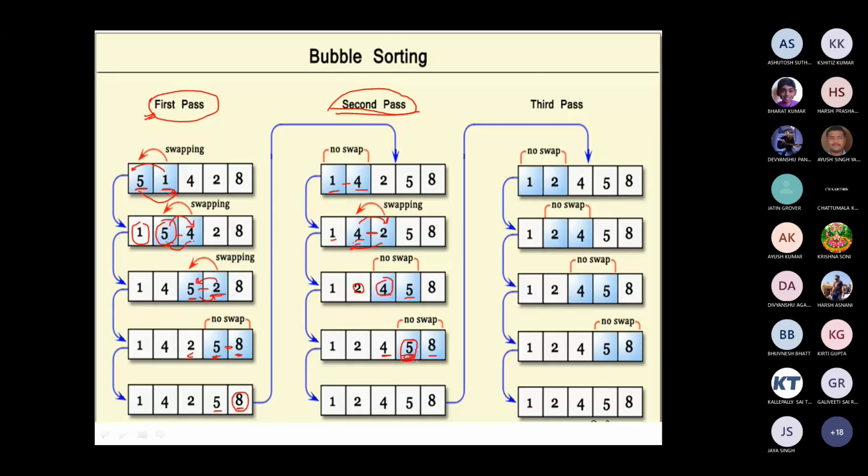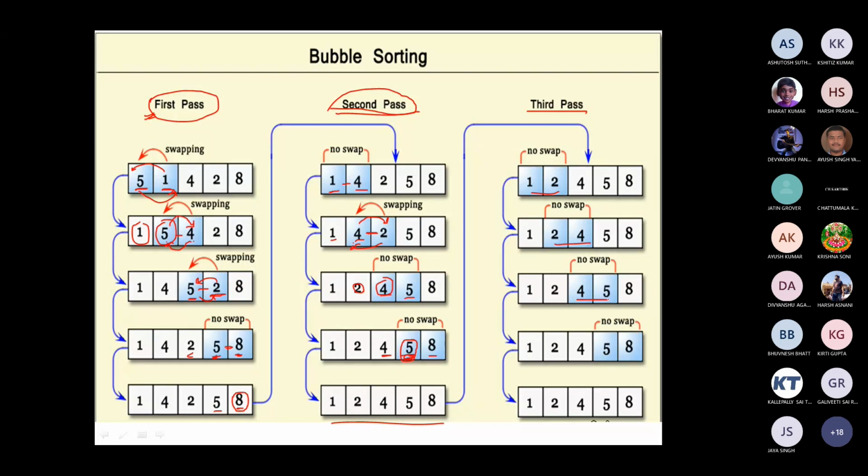Now this is already sorted, but we have to check again. So in the third pass, compare the first two values, no changes. Then the second and third, no changes there.